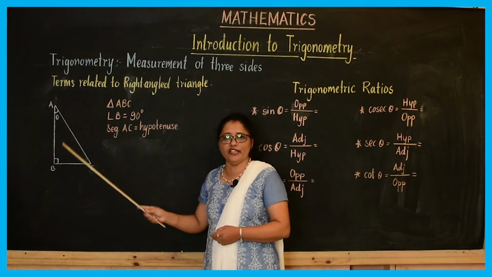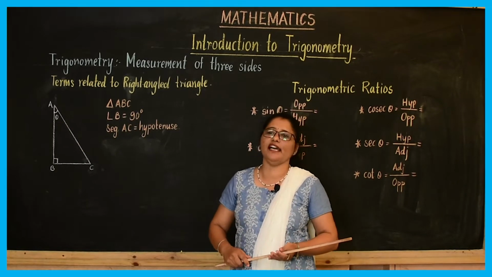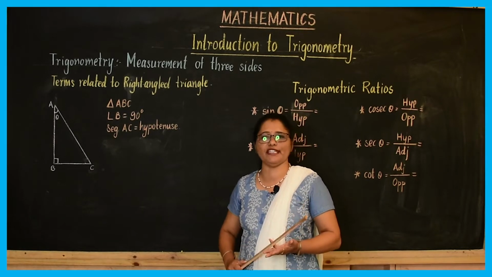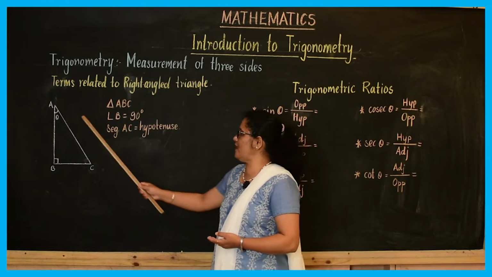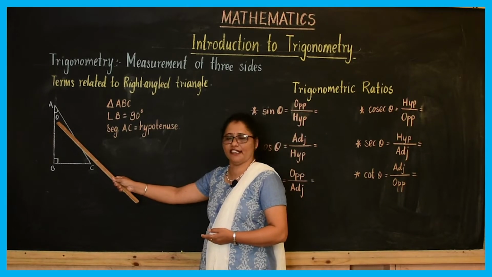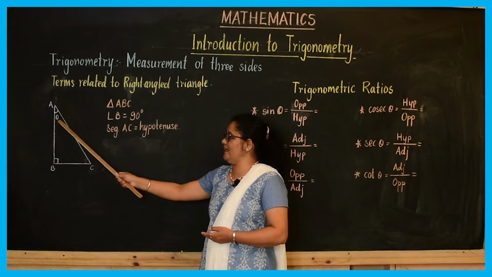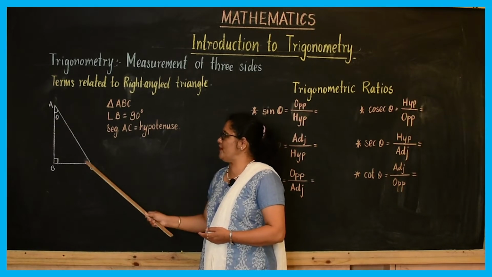Theta is a Greek letter which is used to represent an angle. It can be represented as alpha, beta or theta. Here I have considered it as theta. So if I consider angle theta, then AC is the hypotenuse.